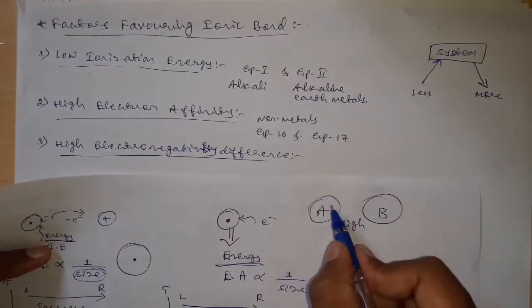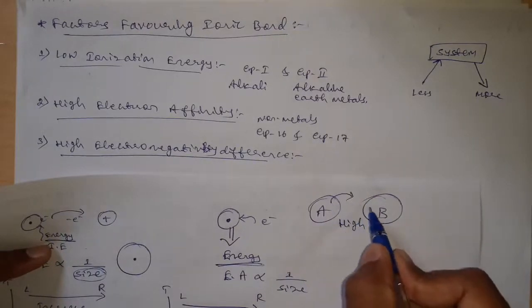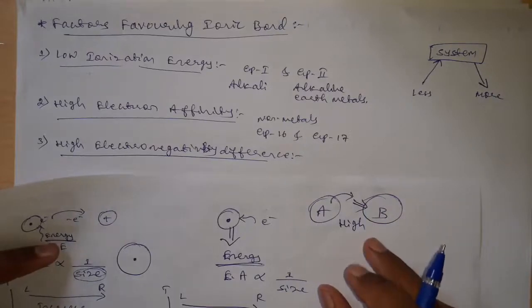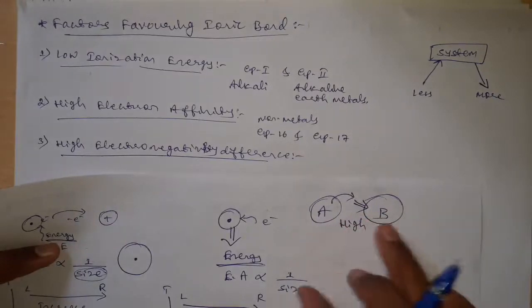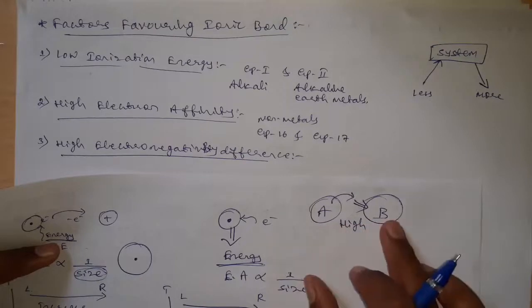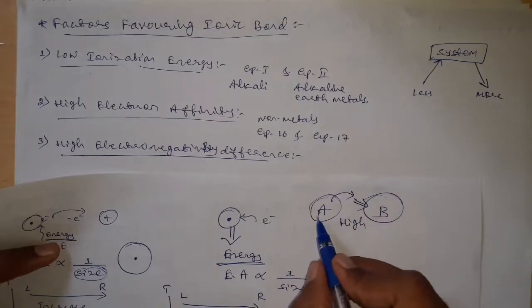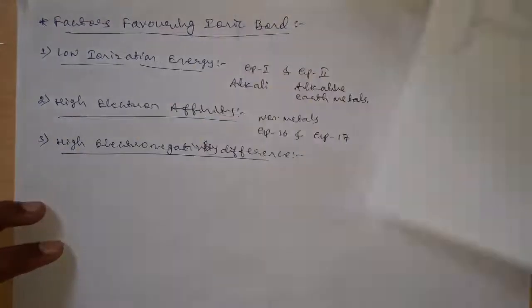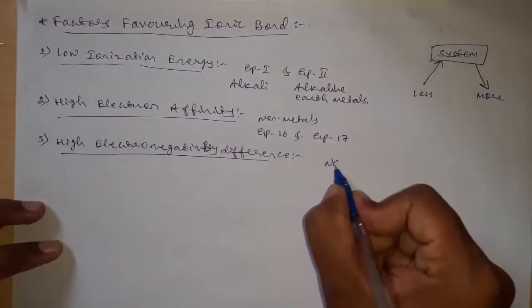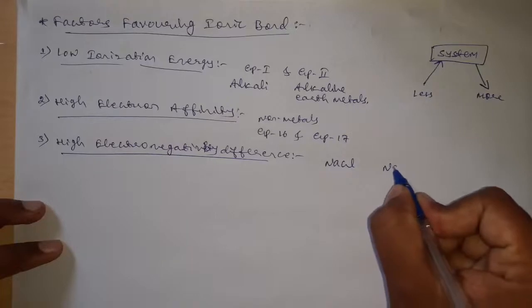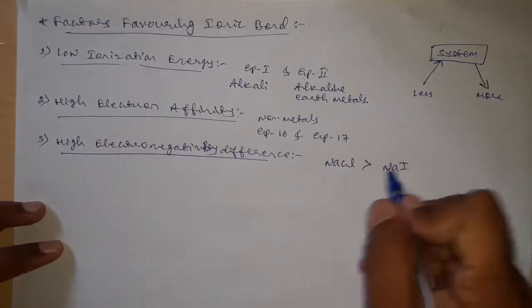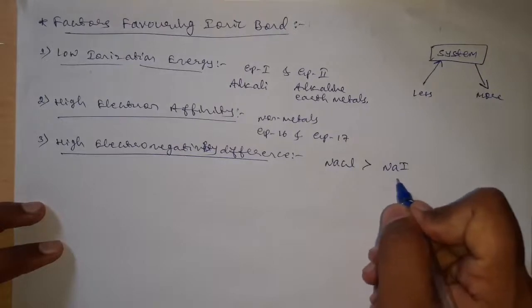Only then does one atom lose an electron while the other gains it. Take for example sodium chloride and sodium iodide. Here we can easily say that sodium chloride is more ionic as compared to sodium iodide.